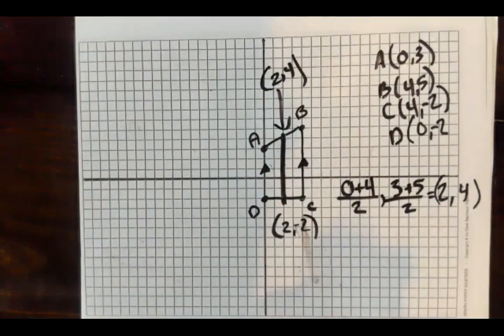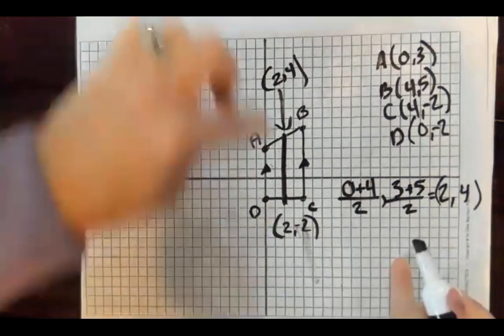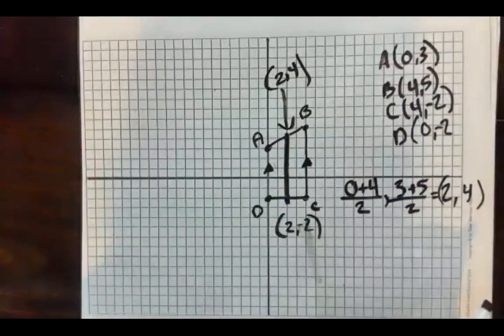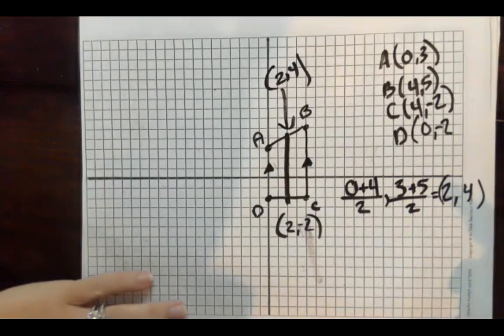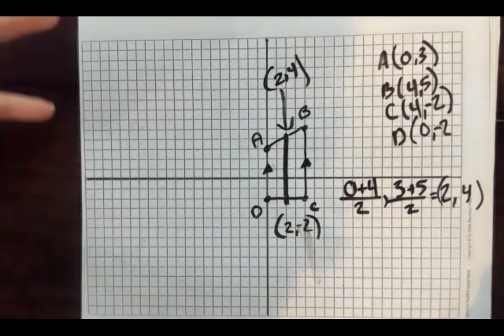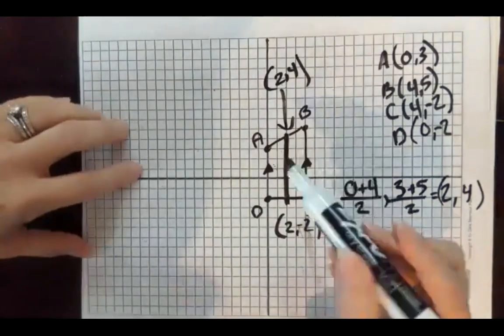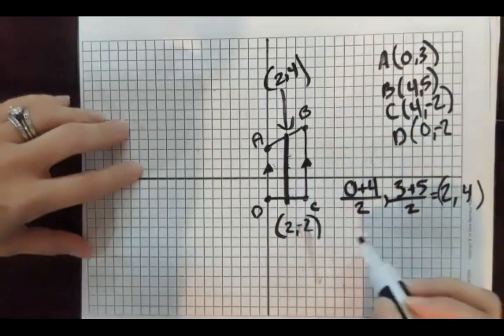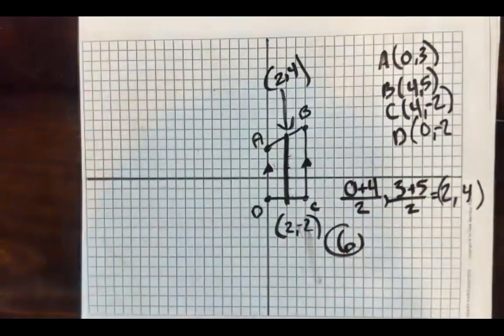We use the distance formula, using these coordinates, because we're asking for the length of this midsegment here. It's a vertical line, so we actually don't need to use the distance formula, but if it wasn't a vertical line, we would. So let's count boxes. 1, 2, 3, 4, 5, 6. So your length is 6.